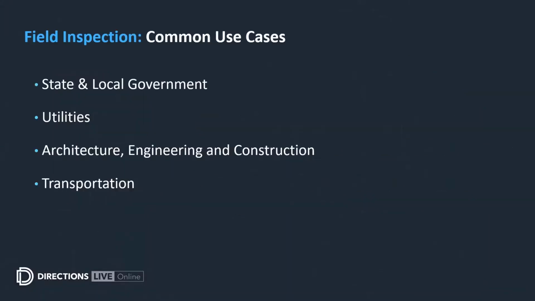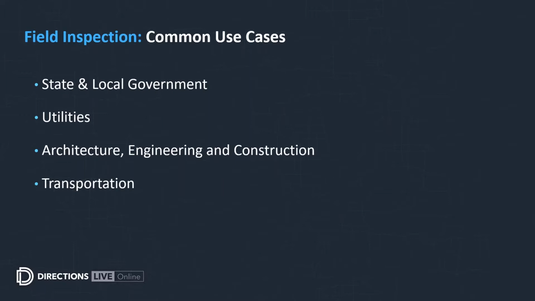So in field inspections, what are the common use cases in certain industries? I might not list all of it, but part of it will be from state and local governments, especially the local PPTs, using it for their valuation inspections, or their engineering departments might be using it to check on the potholes, the roads, measuring the roads, and also the billboards.